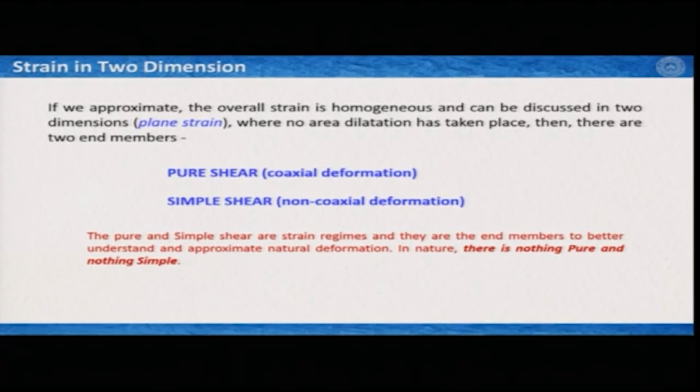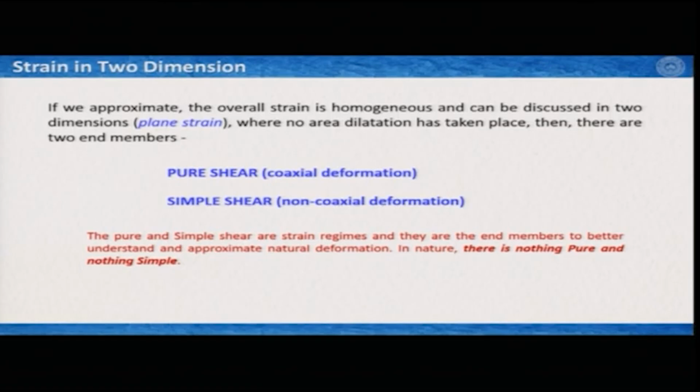Then the entire range of 2-dimensional homogeneous area-constant deformation has 2 end members. One is pure shear, sometimes referred to as coaxial deformation, and the other is simple shear or non-coaxial deformation.